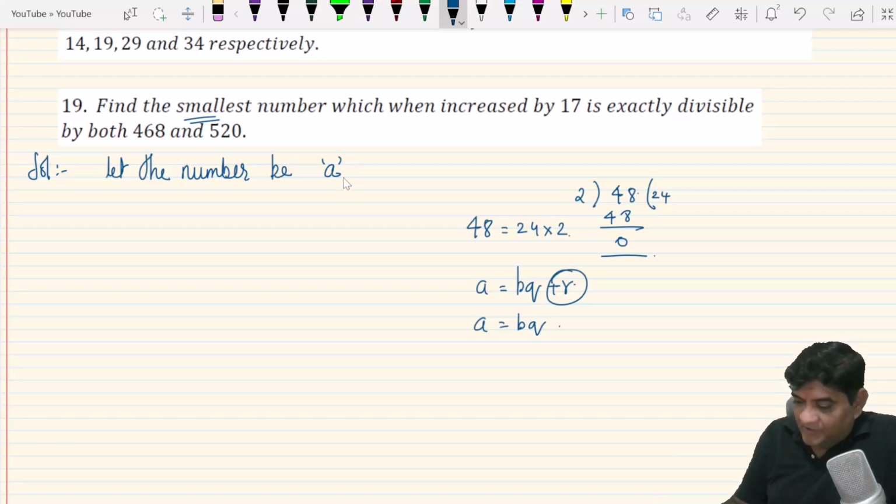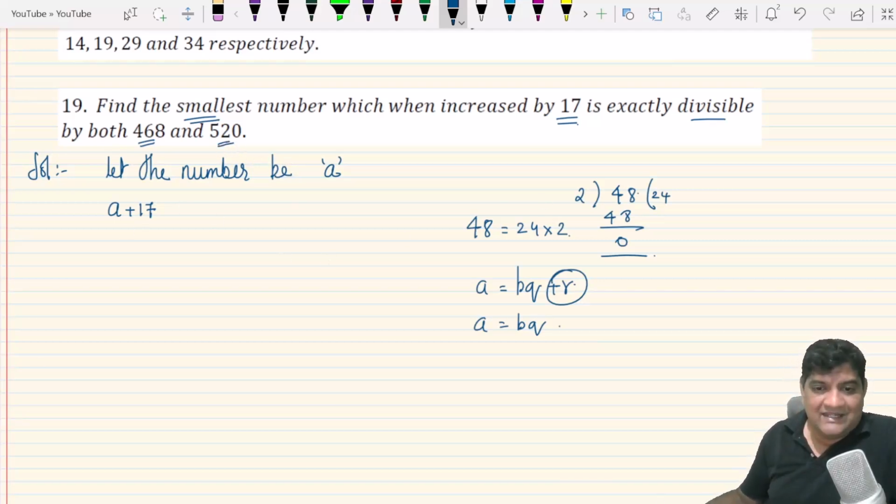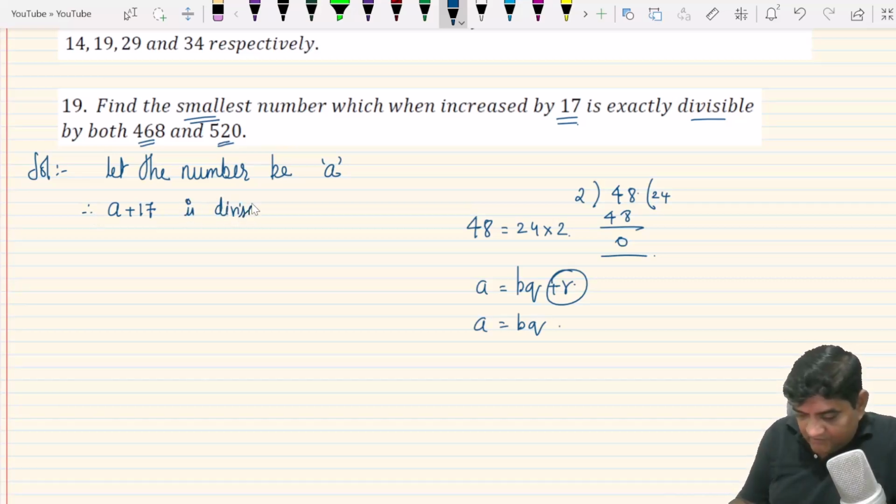Now this number has to be increased by 17. If that is done, then it's divisible by 468 and also by 520, which means a plus 17 is divisible by 468 and 520.